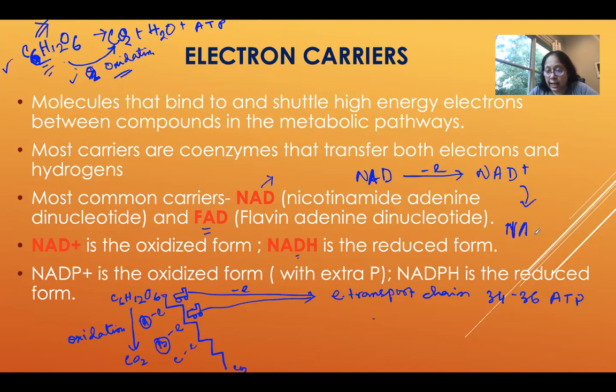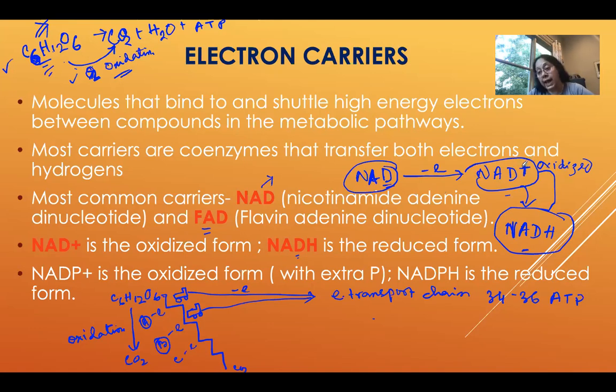So these are the two forms: NAD plus, the oxidized form, and NADH. NAD plus, being an ion, means it has donated electrons, so that's the oxidized form. Over here, the addition of hydrogen means this is the reduced form.